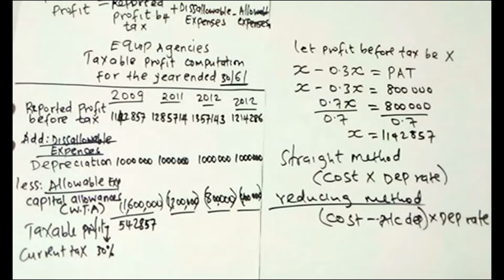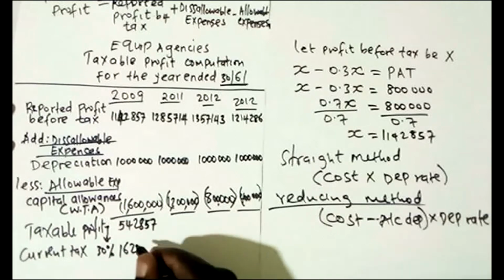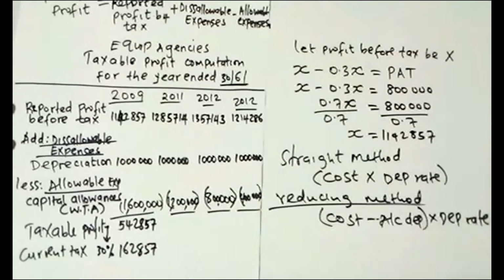So this is 162,857. And the second one, 2,285,714 minus 1.2.